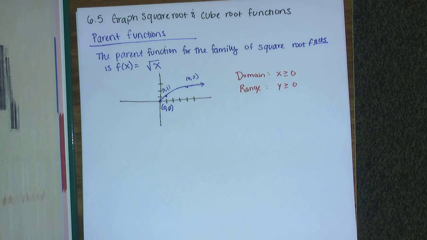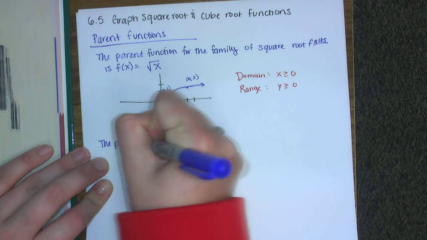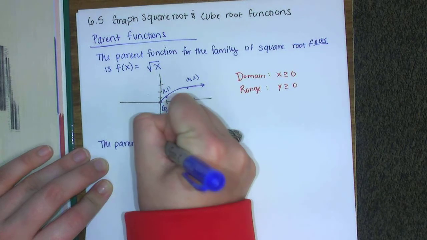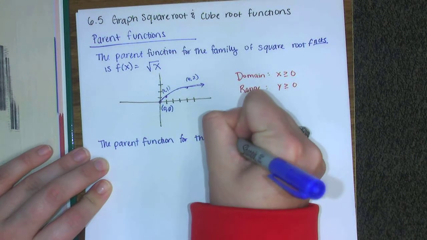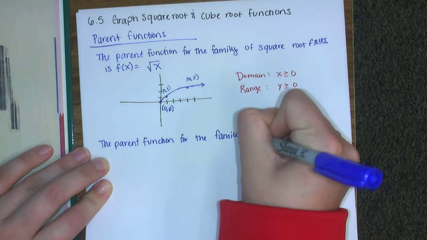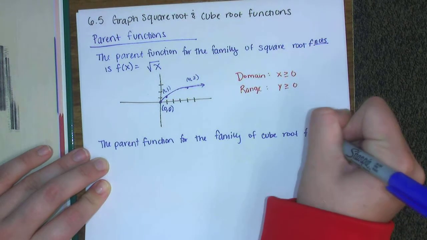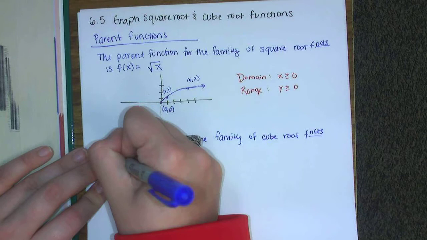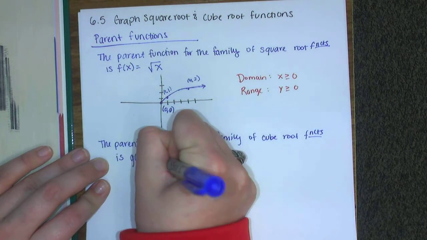So, the parent function for the family of cube root functions is g of x equal to the cube root of x.